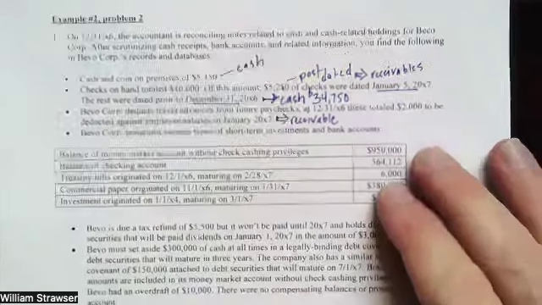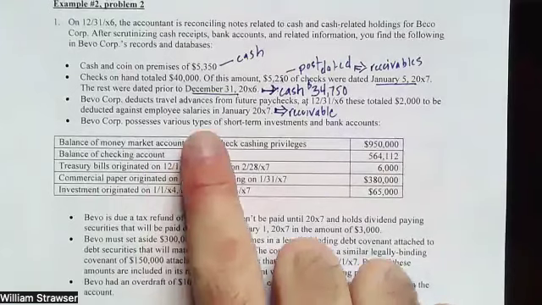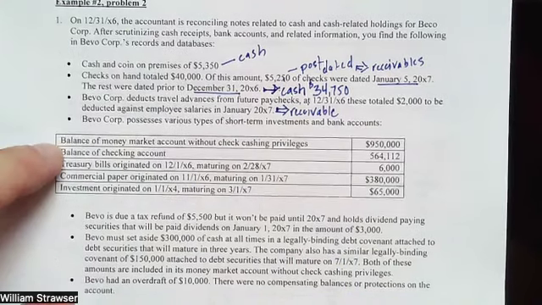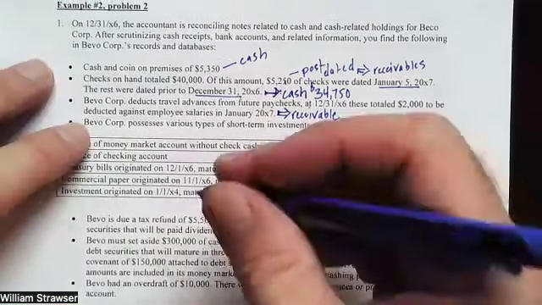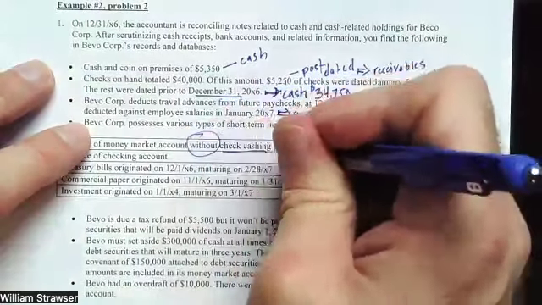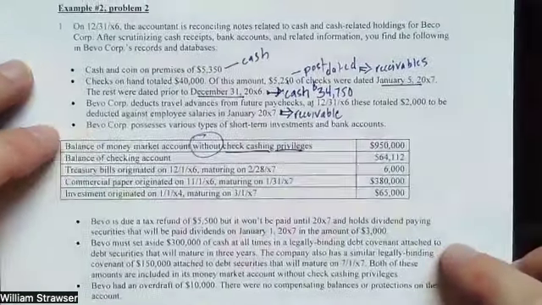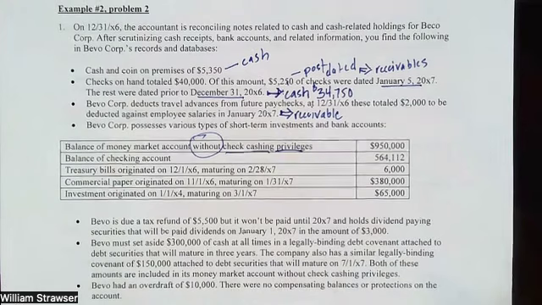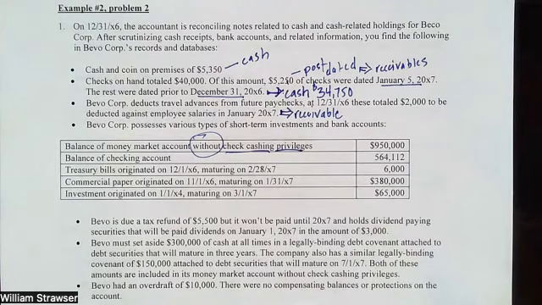All right. Lots of different short-term investments and bank accounts. So we have a balance of a money market account without check cashing privileges. Money market accounts can come with or without check cashing privileges. They tend to have higher interest rates than, say, a checking account.